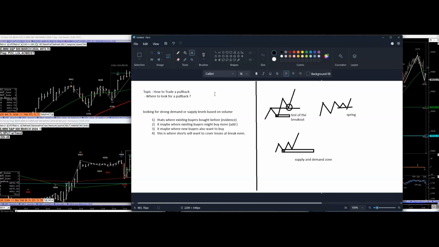And now we have new buyers and sellers. So new buyers will want to possibly get in on the action. And new sellers probably not, because they see the existing sellers lost money, so it doesn't make sense for them to enter. But it does make sense for existing shorts to exit, so they can break even. Why? I mean, the fear of loss, right? So this here is driven by, obviously, fear of loss.